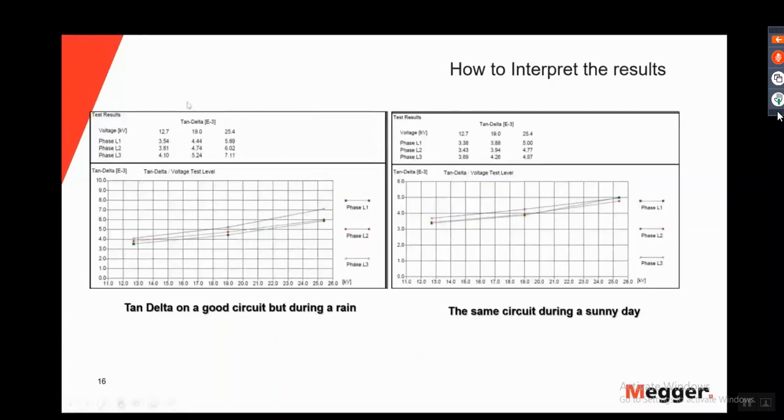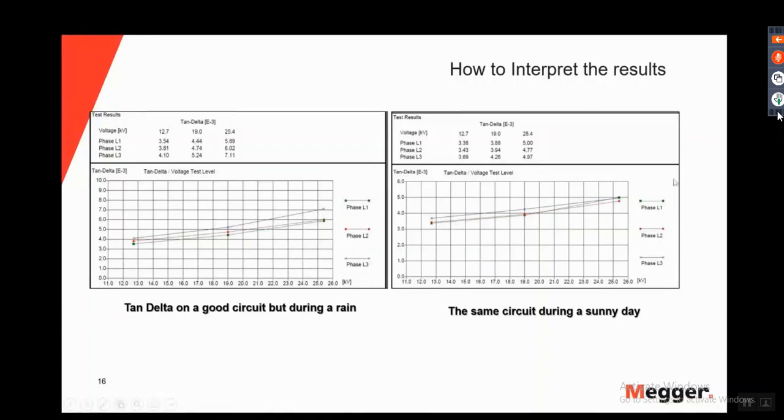And then how we're going to interpret results here. This is the same cable, one in the rain and one on a sunny day. The voltage in kV is 12.7 here, 19 here, 25.4 here, for phase 1, phase 2, phase 3, and this is your tan delta value at each step. Here, 589, 602, 711, represented by this blue phase in L3.